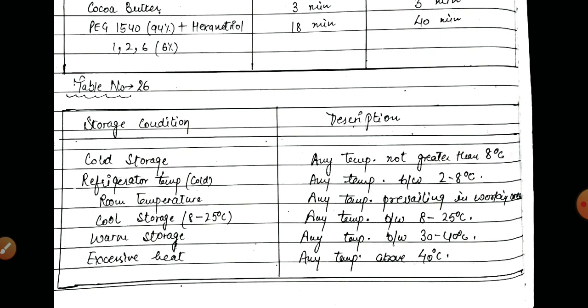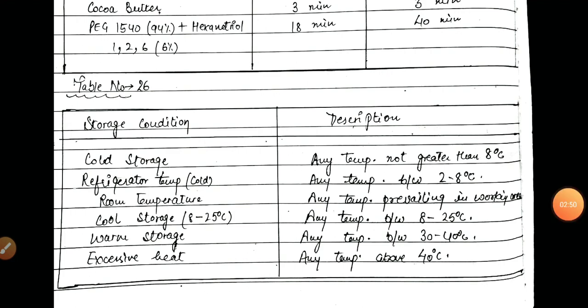Excessive heat is any temperature above 40 degrees. Keep in mind that these temperature ranges, 30 to 40 or 8 to 25, are according to the storage condition, and these are very important for competitive exams.